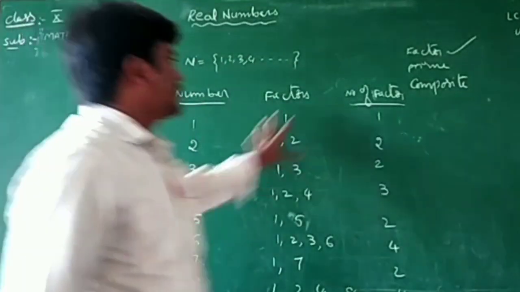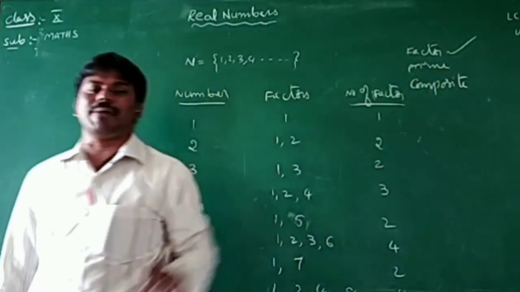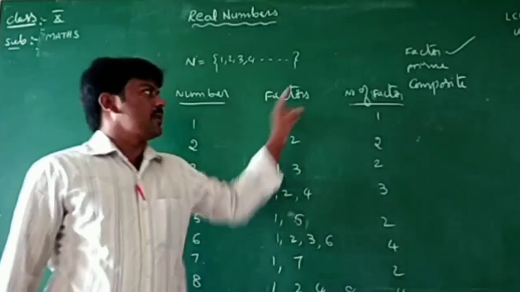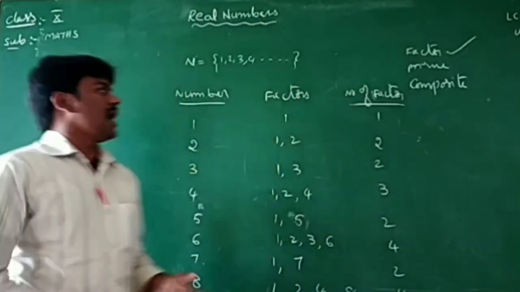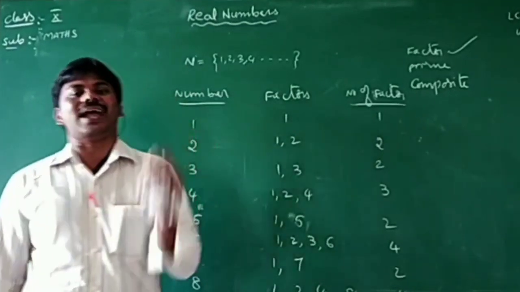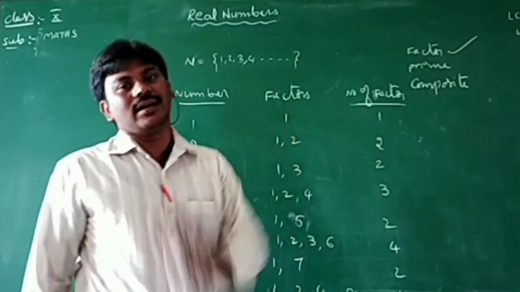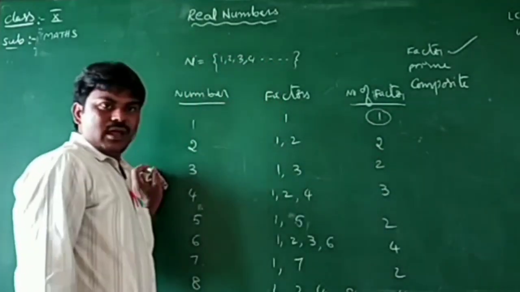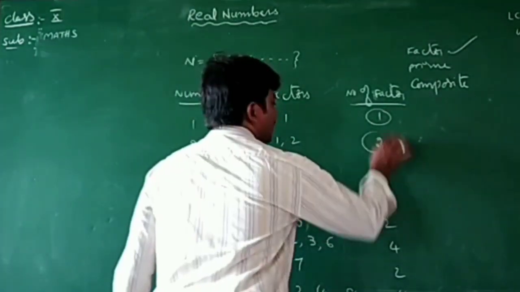Now, in this list of numbers, which numbers are called prime numbers? A prime number is a natural number having two distinct factors, that is 1 and itself. Observe that: how many factors are there? Only one factor. How many factors here? Two factors.